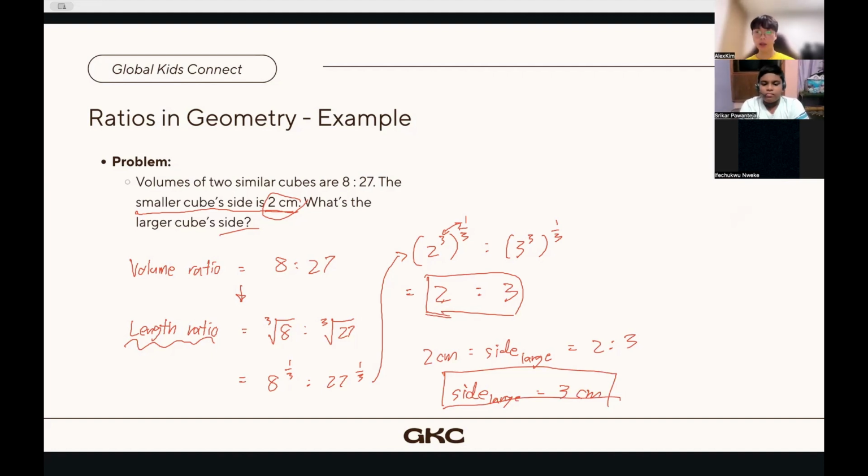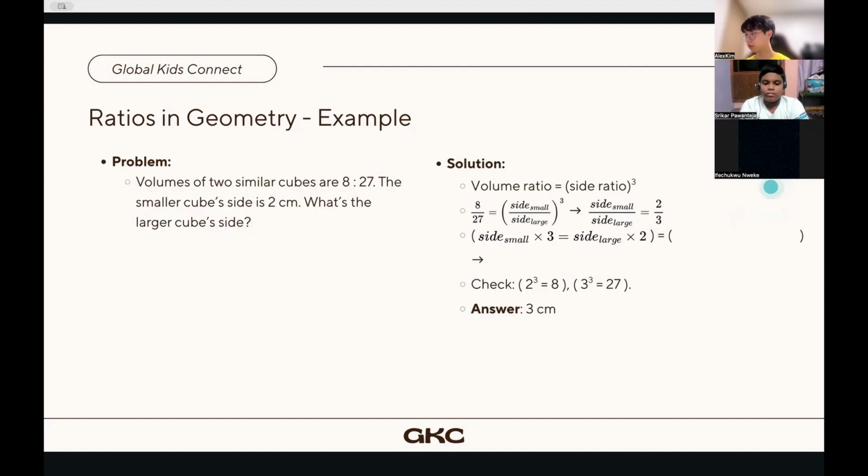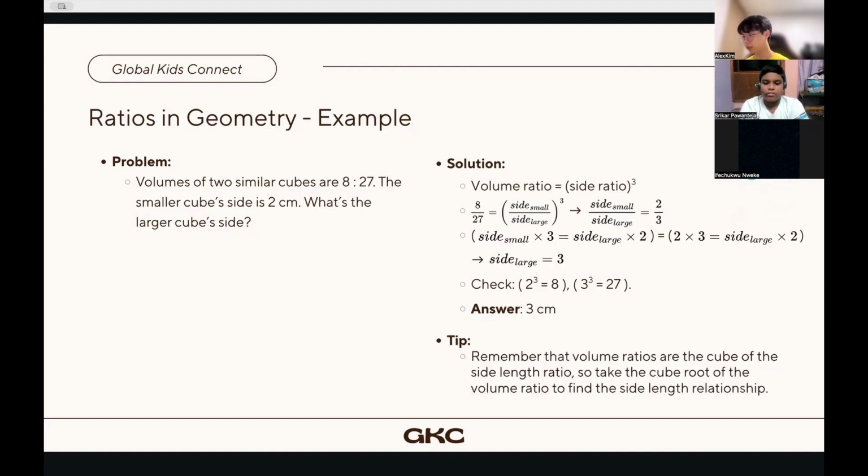Does anybody have any questions regarding this problem? It seems like not, then I think we can move on. It was a simple explanation and utilization of different kinds of geometrical ratios, and the solution is shown as such.